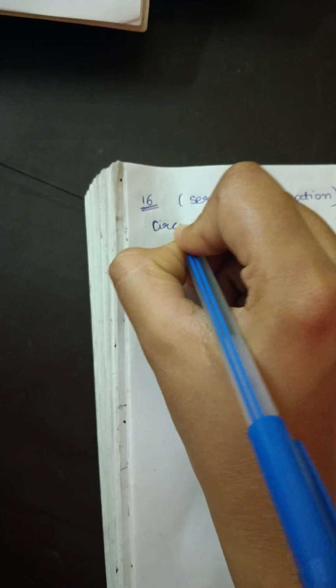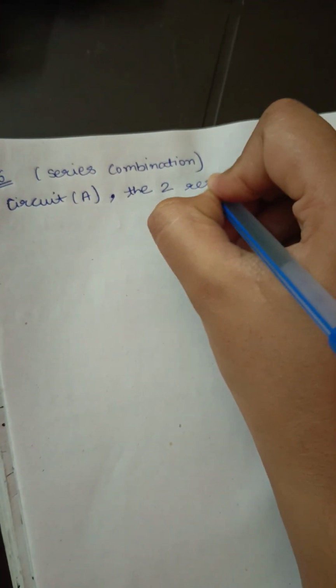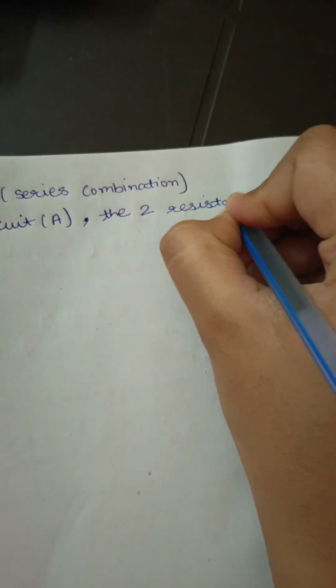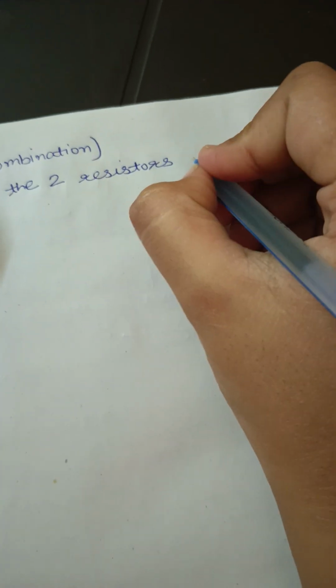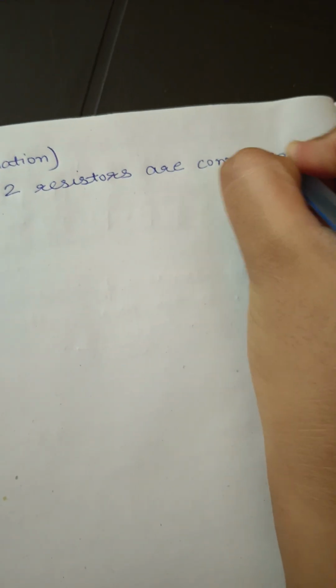In circuit A, the two resistors are connected in series.